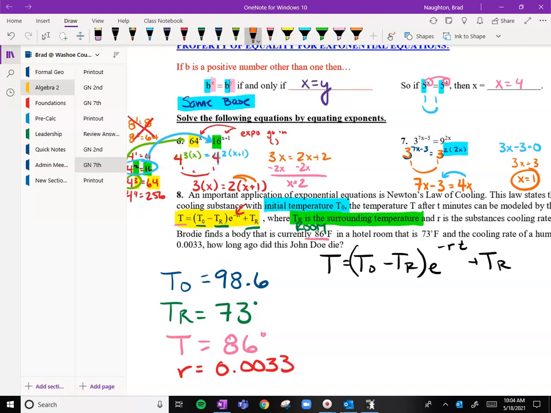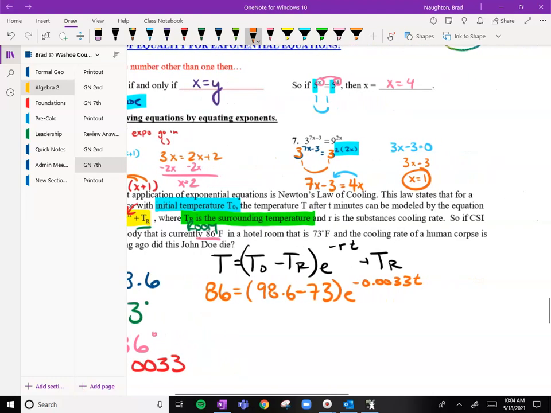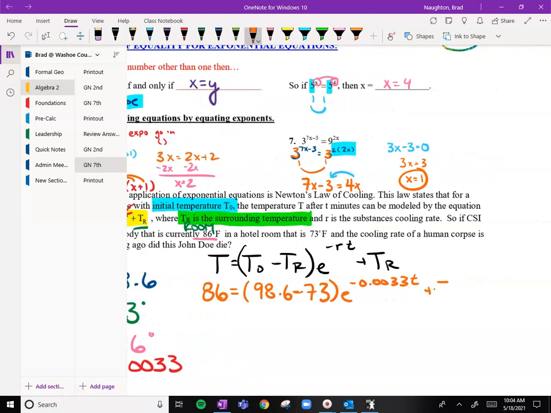Okay, so let's plug in our values. So I get 86 is equal to 98.6 minus 73, e to the negative 0.0033. And we're solving for when, so our time is going to be t. And then we're going to say plus temperature of the room, which is 73.